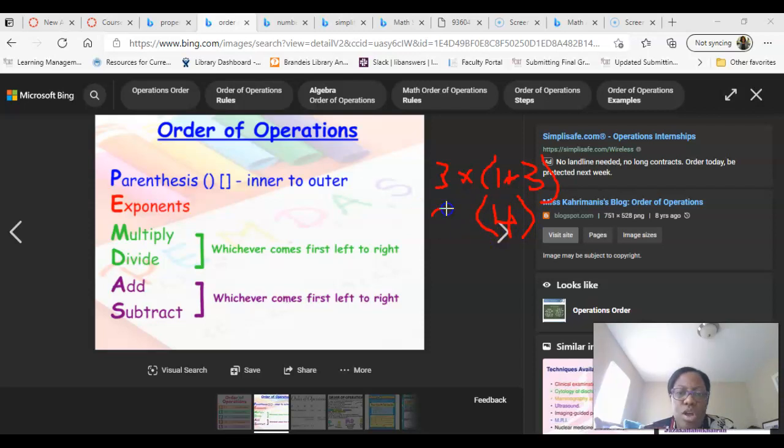Then you bring down 3 times 4 is the same as 12. Okay, that's how you do order of operations. All right, let's do one more.